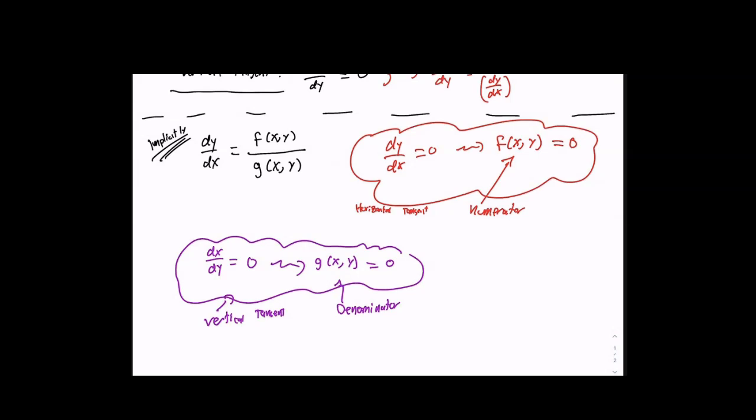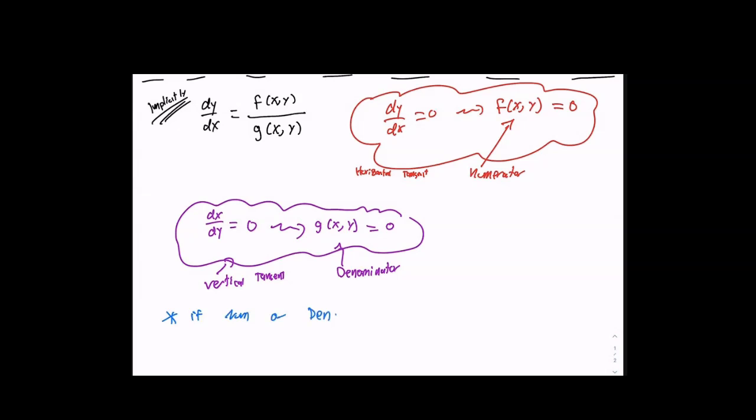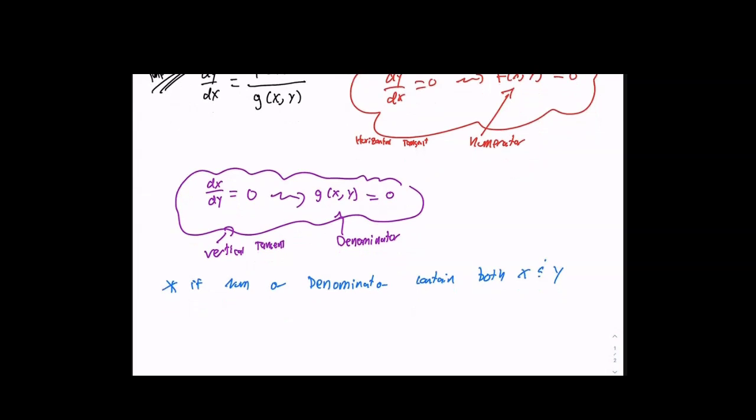Now, what this is typically going to do, and this is important, if the numerator or denominator contain both x and y, then finding horizontal tangent slash vertical tangent will find a relationship between x and y.